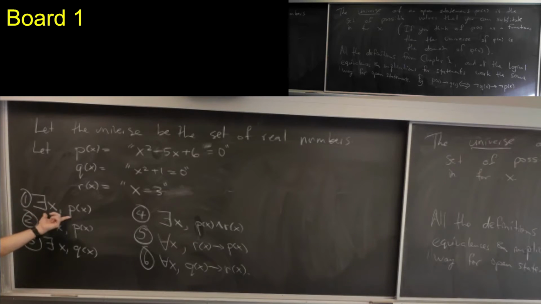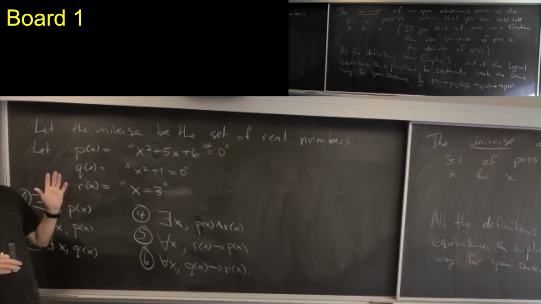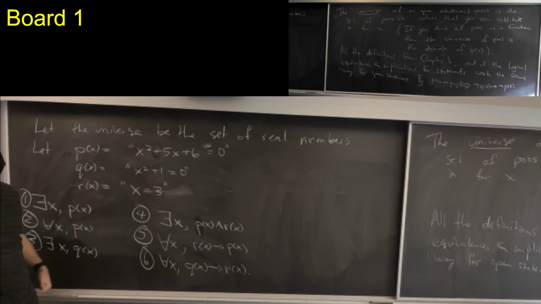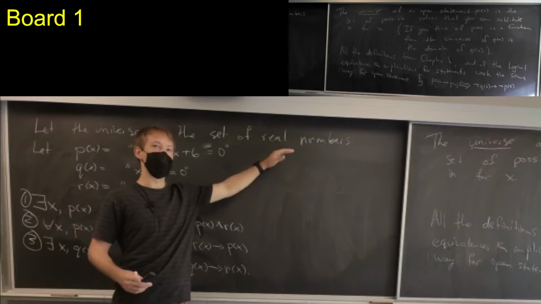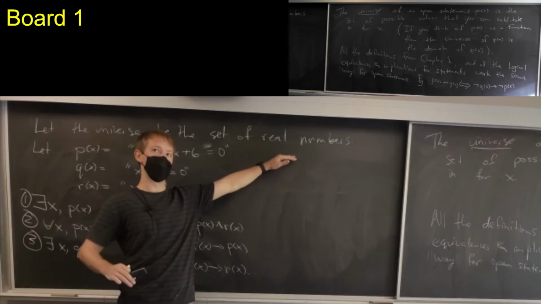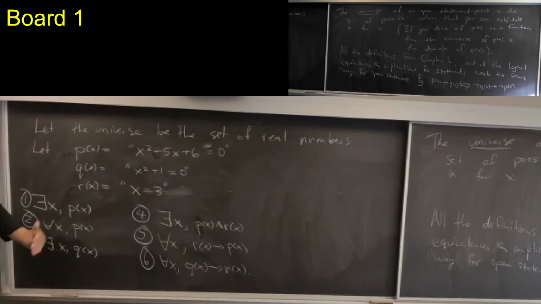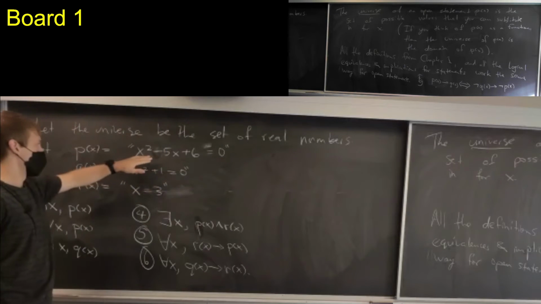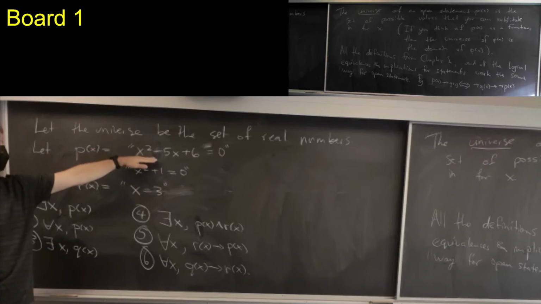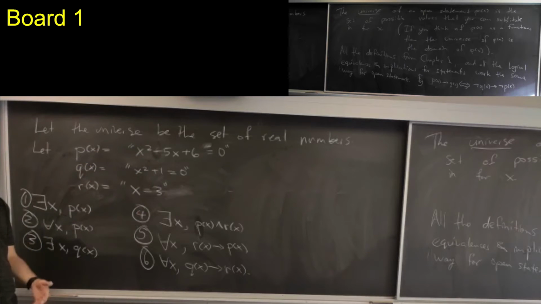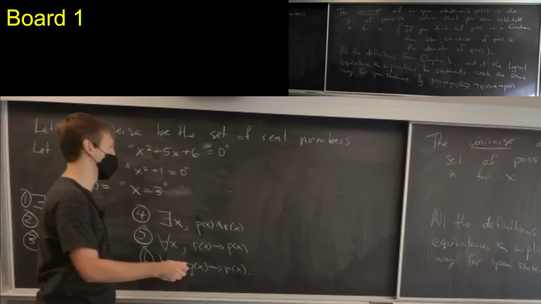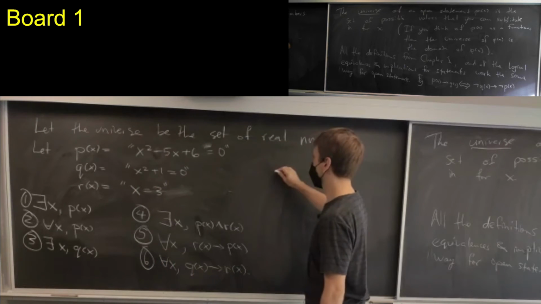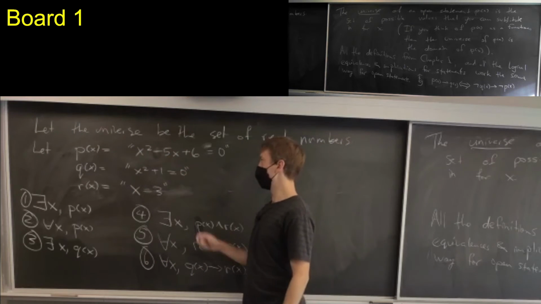What's the truth value of the first statement? Yeah. How come? Exactly. Now, we should be very careful. In all of these questions, the universe is important. This is a very big universe. It contains all the real numbers. There does exist an x such that this is true because, for example, if I take x equals 2, does 2 work?